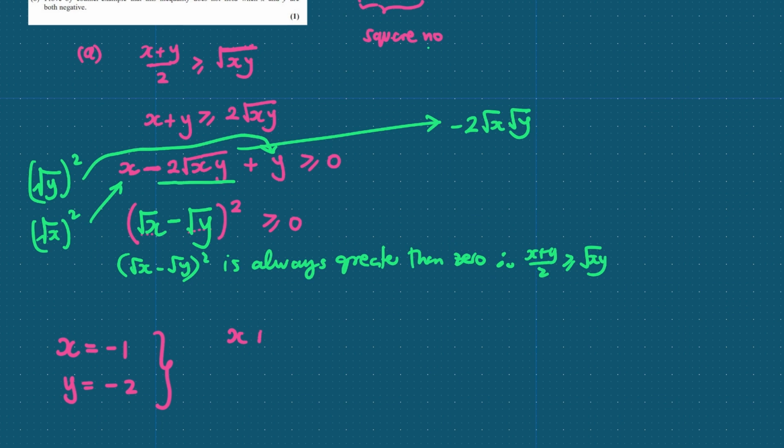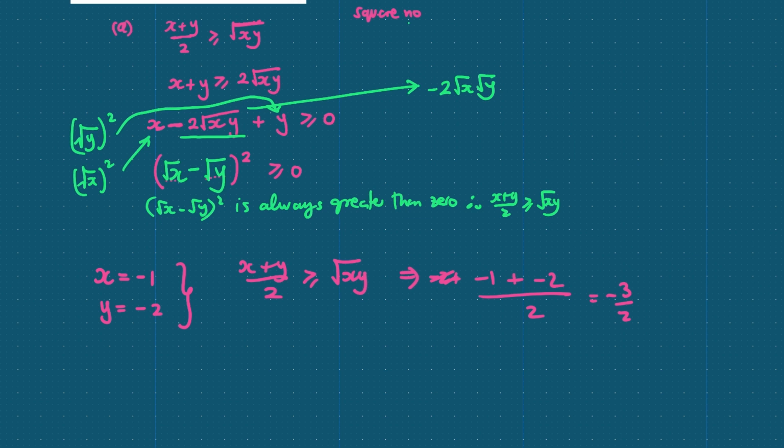Well, then x plus y over 2 greater than root xy will become -1 add -2 divided by 2. So that gives me -3 over 2. And root xy is equal to root of 2.